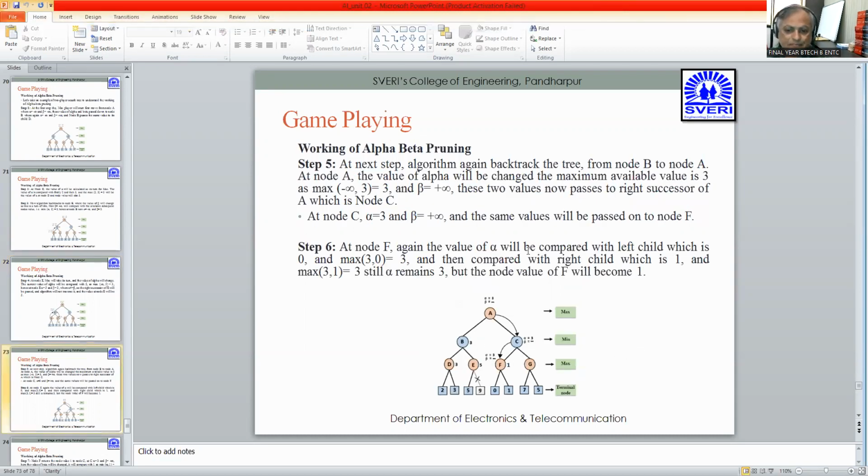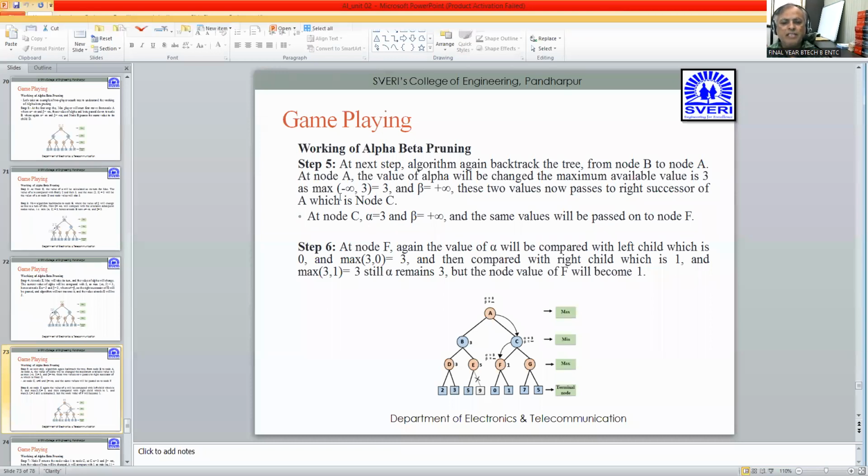Step number 5. Now the next step of the algorithm, again backtrack the tree. Okay, so again we'll be having the node from node B to node A. So at node A, the value of alpha will change to maximum available value, that is 3.